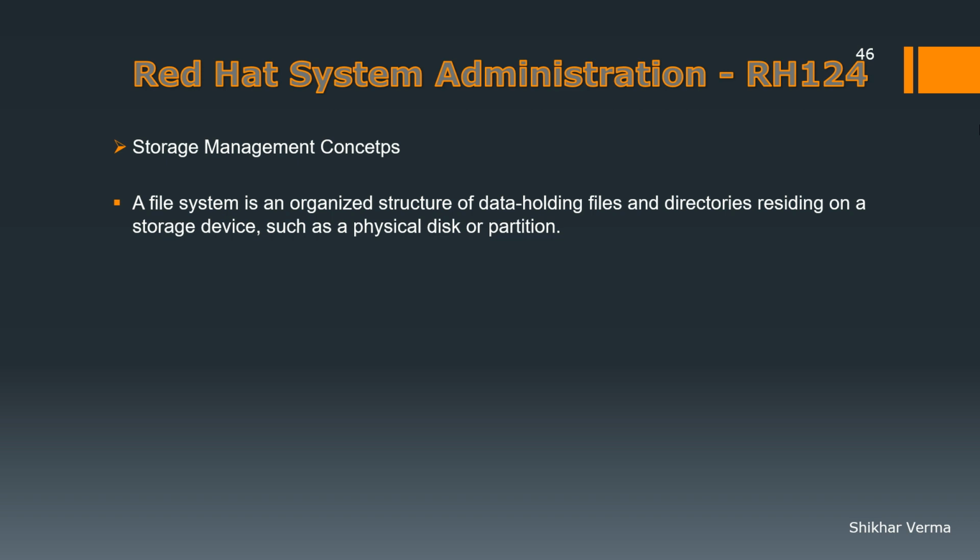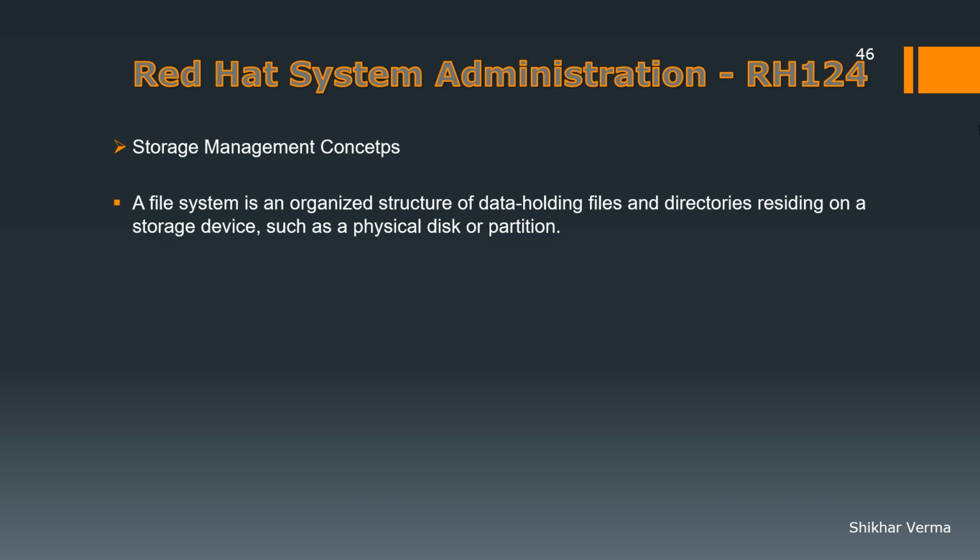When we install an operating system, what happens? By default a few file systems are created on the system, or while doing the installation it will ask you what file systems you want to create. After the installation, you may need a lot of other file systems as well.